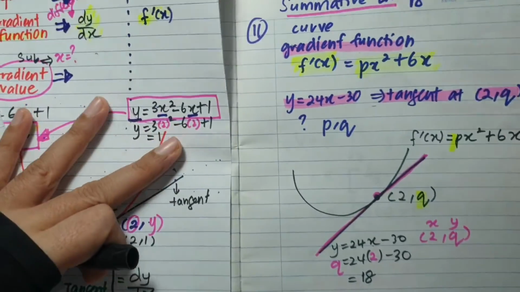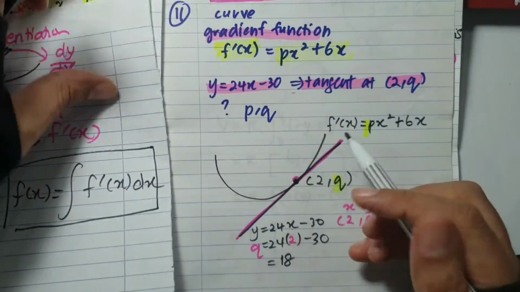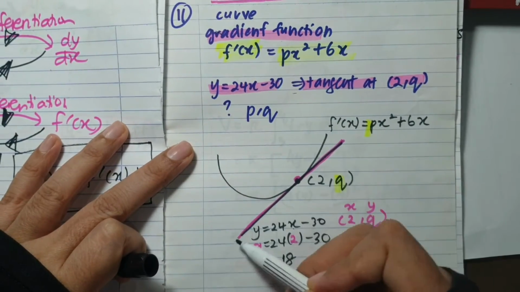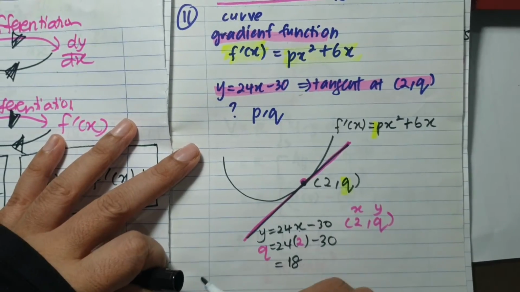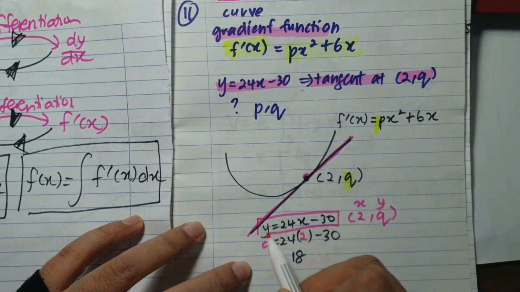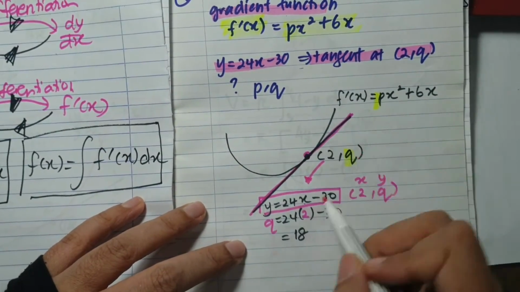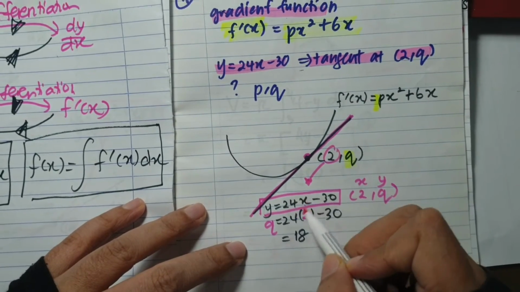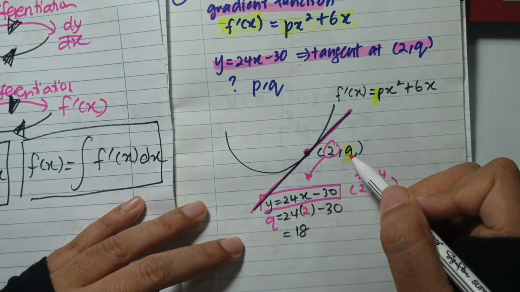But in this case, this point, okay, lies on this line. This is the tangent to the curve, given the equation of the tangent to the curve. So, you substitute, since the point lies on this line, so substitute the x coordinate in this equation of the tangent. So, you can find the value of Q there.